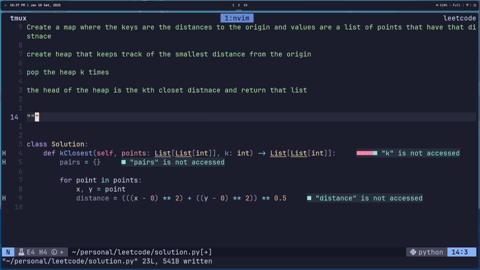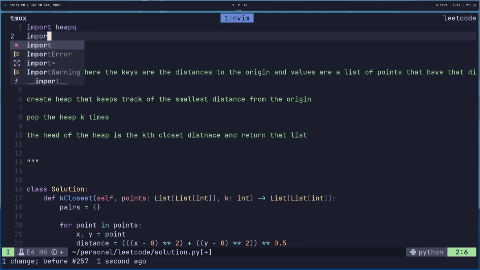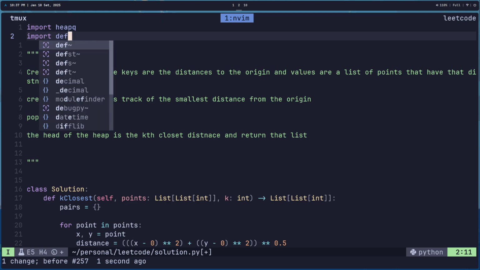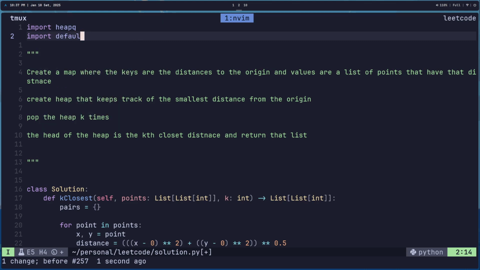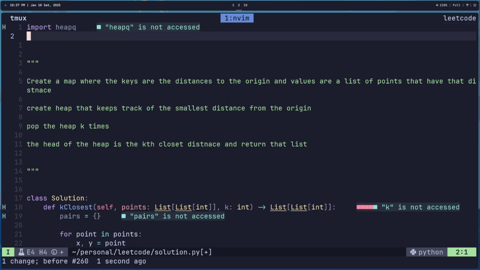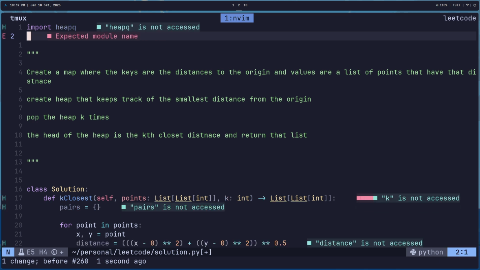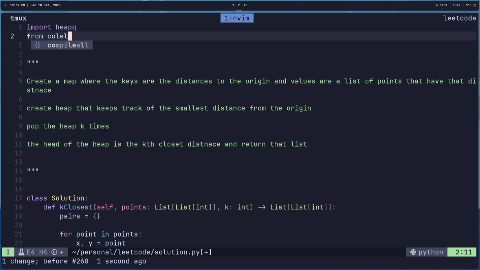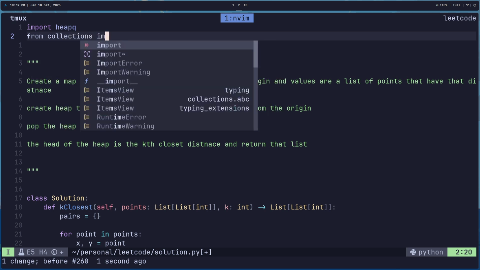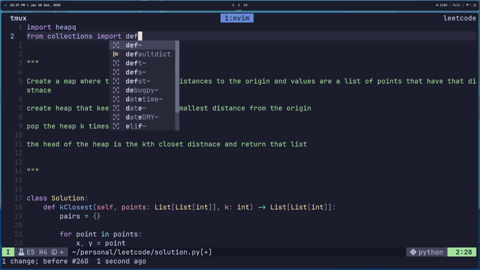So then that distance is going to be the... let's do a default dictionary. What's it called? Oh my god. From collections, import defaultdict.